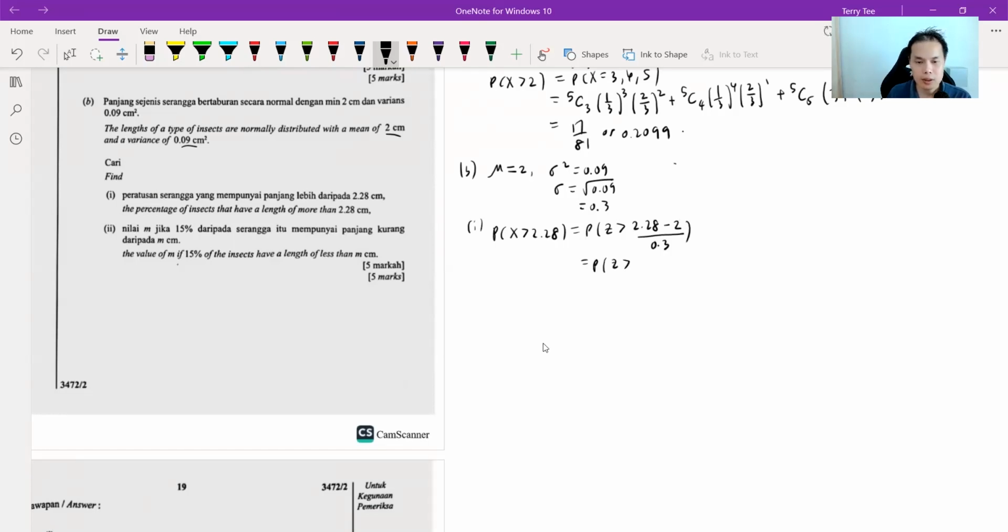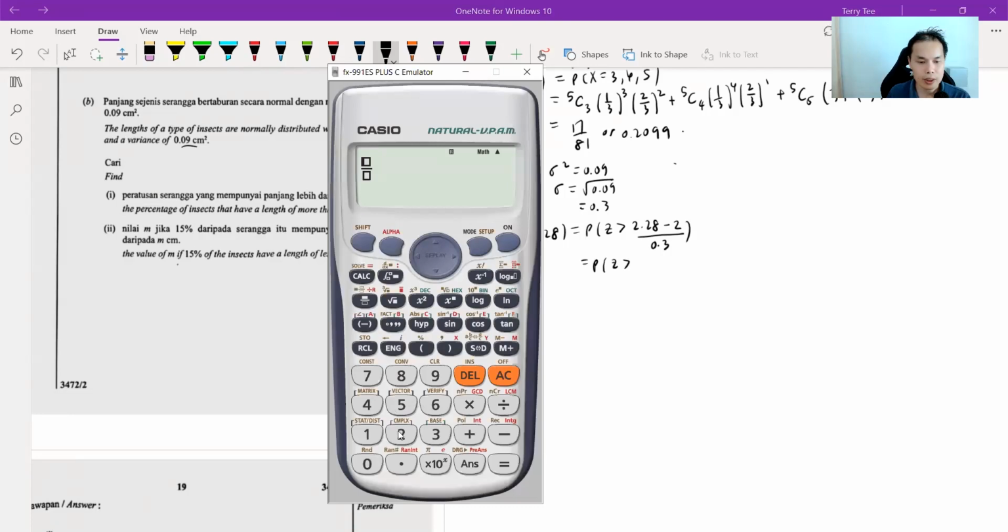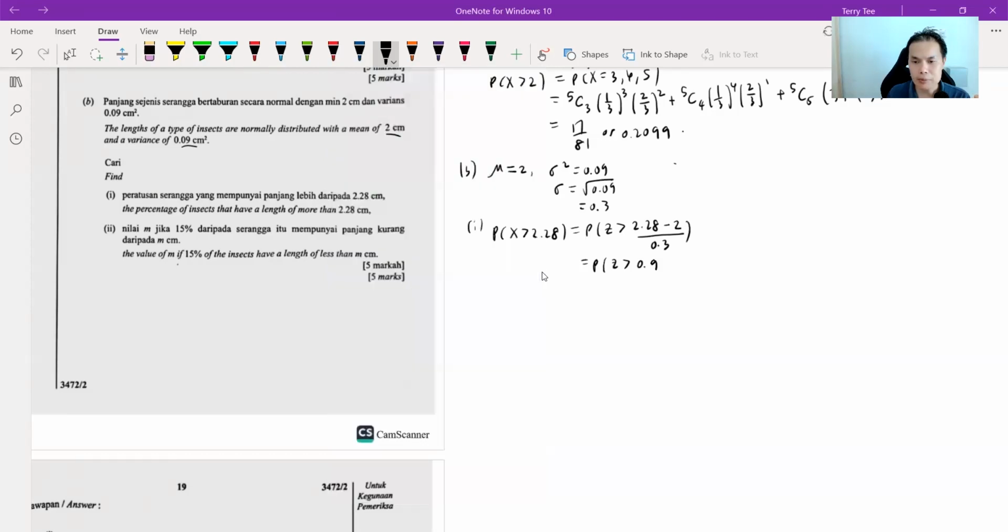This will be 2.28 minus 2, divide by 0.3. Okay, I got 0.933. Normally I would take 3 decimal places, because your mathematical table can read up to 3 decimal places here. But I wouldn't use the mathematical table to calculate this because it's very slow.